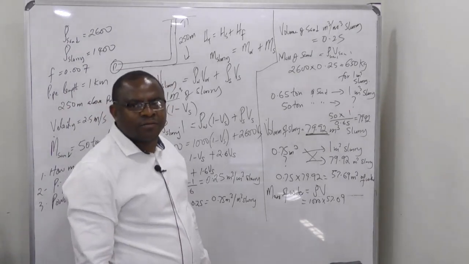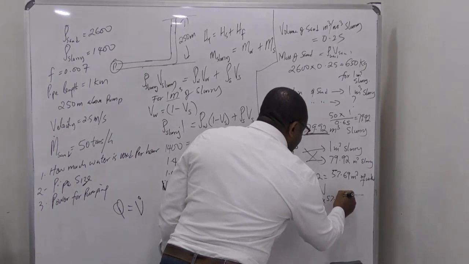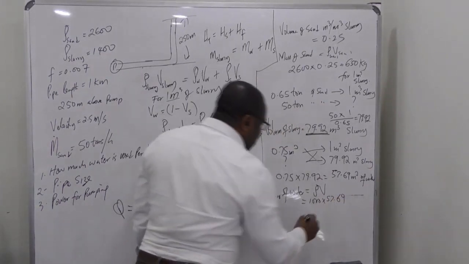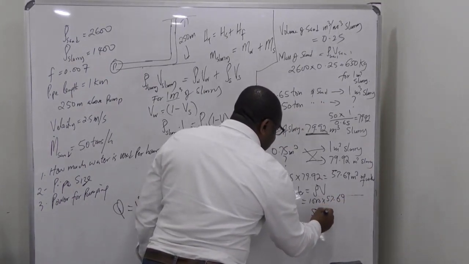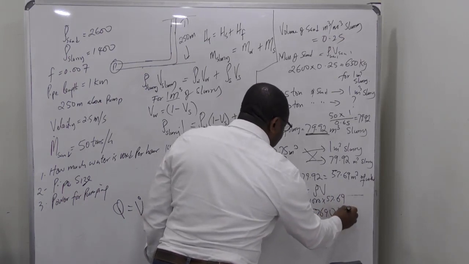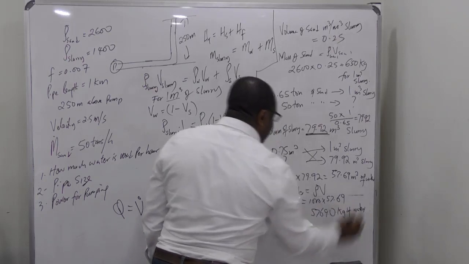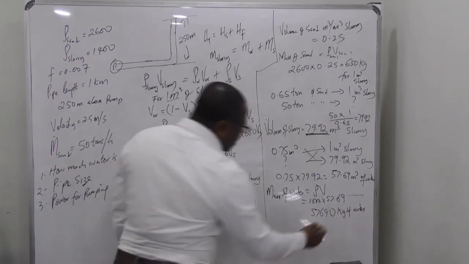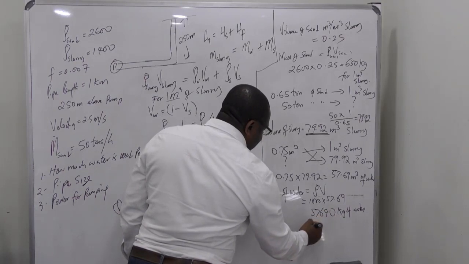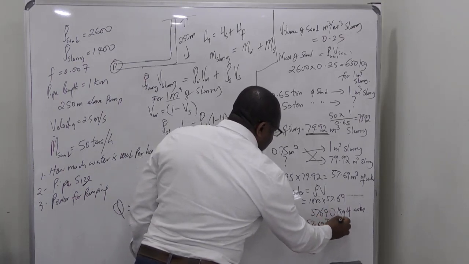Okay? So this will give you 57,690 kilogram of water. That's how much water, which is 57.69 ton of water.